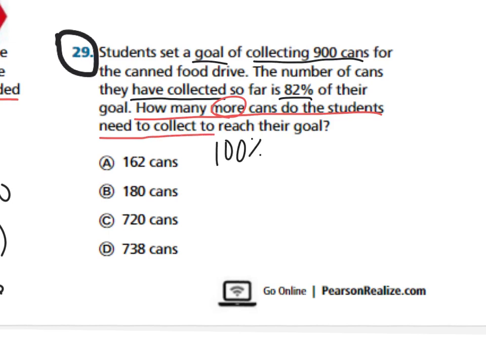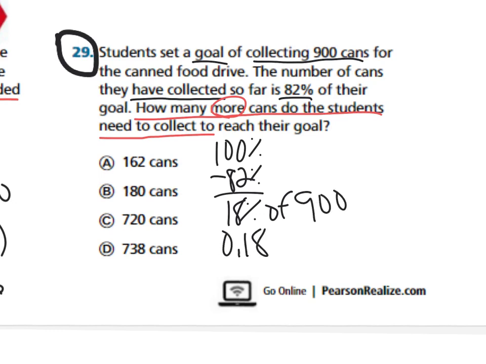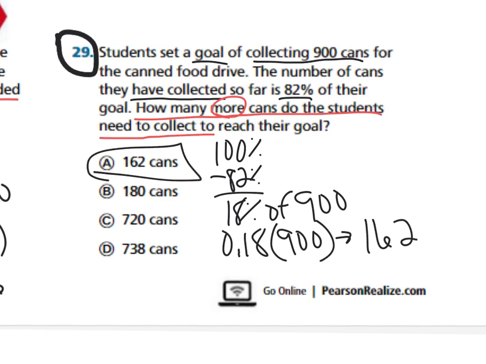So 100% minus the 82% they've already collected, that's 18% of the 900 cans that they still need. And if you work that out, that should be 162. So this should give you an idea of working out the problems on the first part of lesson 6.5. Have a good day.